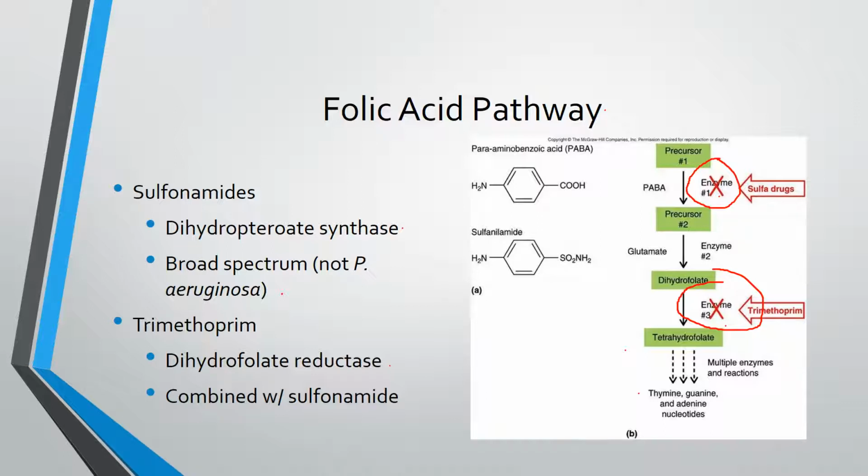Okay. Trimethoprim, same pathway targeted, different enzymes. So dihydrofolate reductase is what's targeted. That's the specific enzyme, and its function is drastically inhibited by trimethoprim. Frequently, trimethoprim is combined with a sulfonamide, sulfamethoxazole is one of them, to produce a single drug.